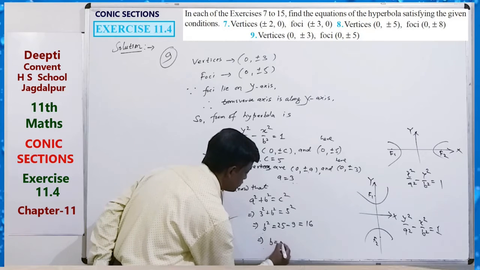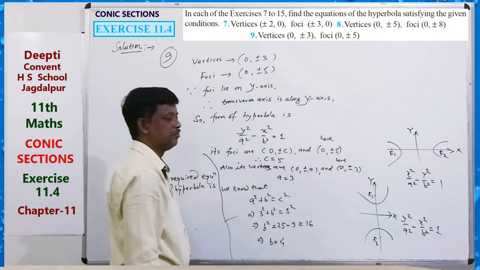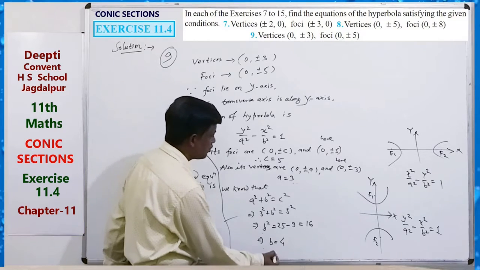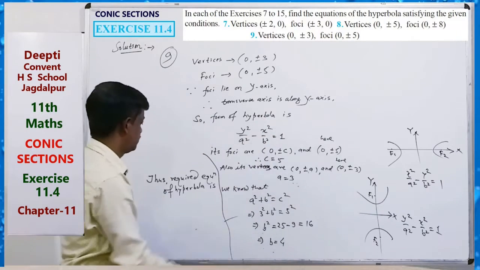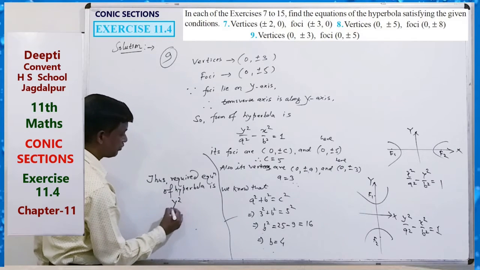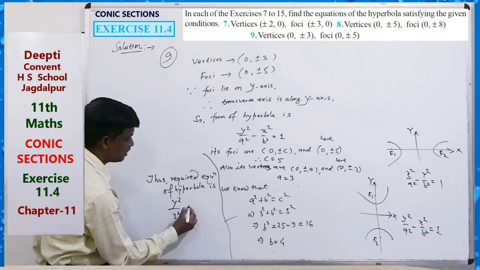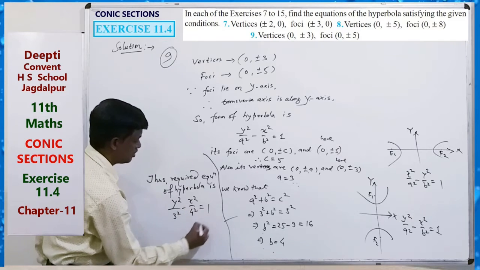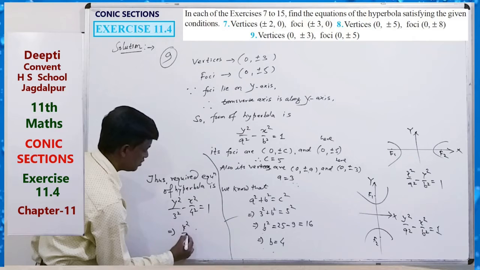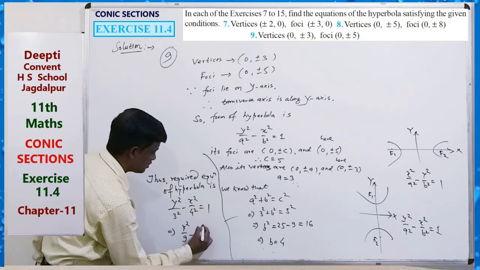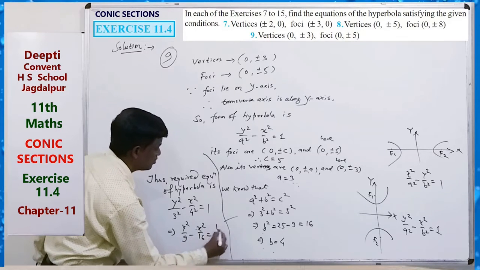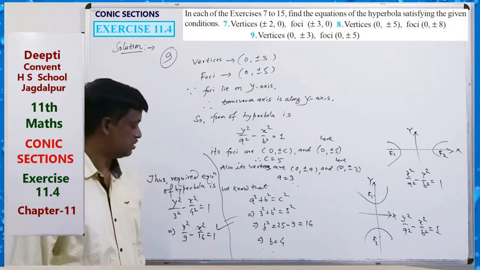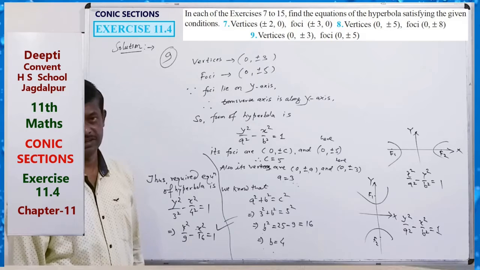So b equals 4. Putting a equals 3 and b equals 4, y square upon 3 square minus x square upon 4 square equals 1. So y square by 9 minus x square by 16 equals 1. This is our answer.